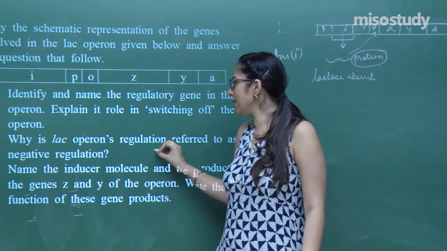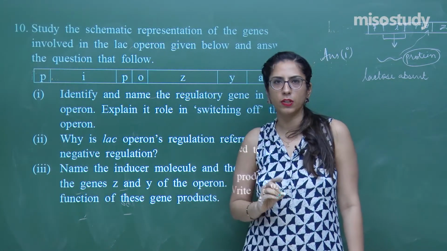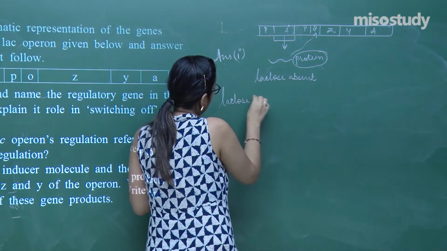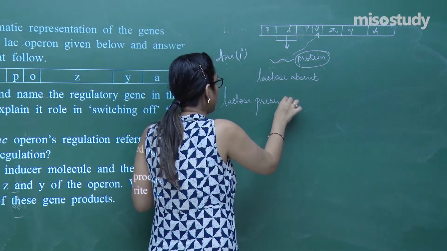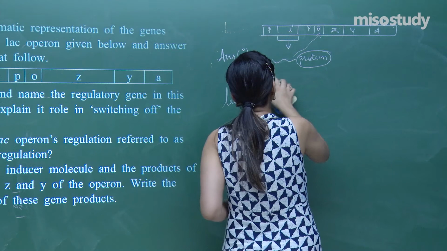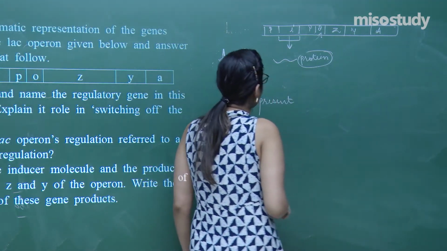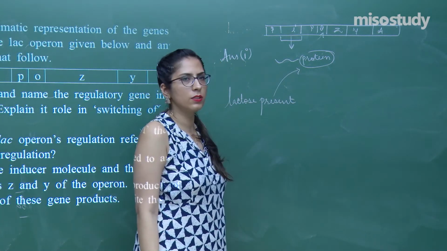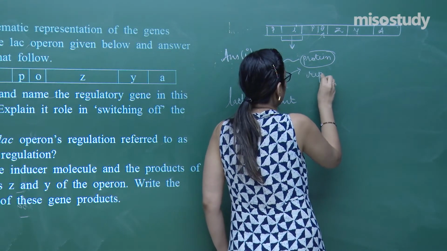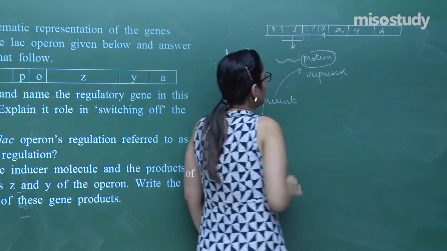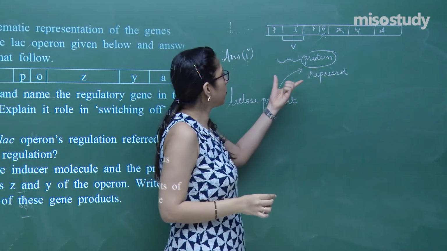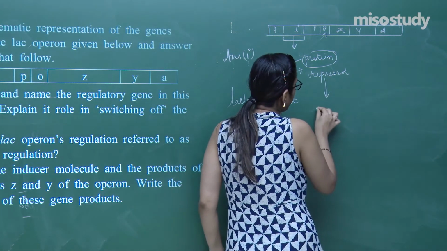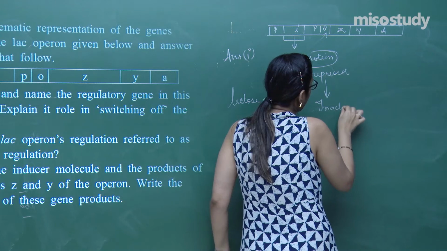Now, why is lac operon regulation referred to as a negative regulation? Come to this side. Suppose lactose is present in the medium. Then this repressor protein which is formed will bind with it, so that there will be no further activation, or you can say it is switched off.